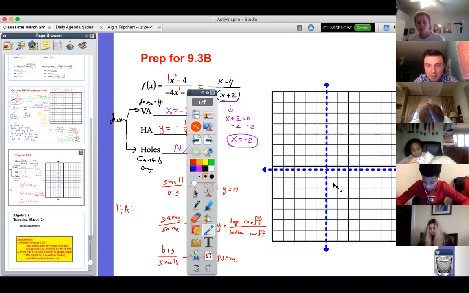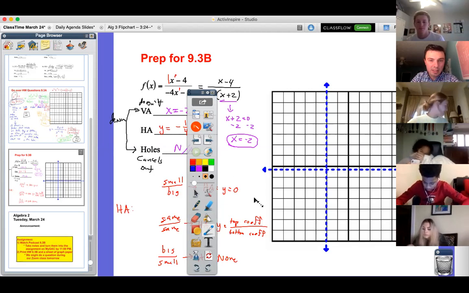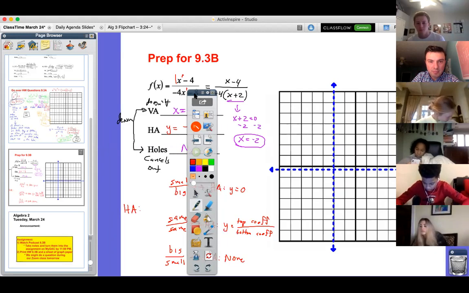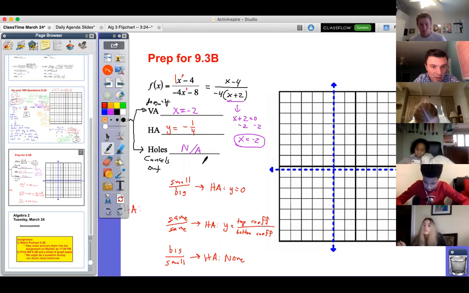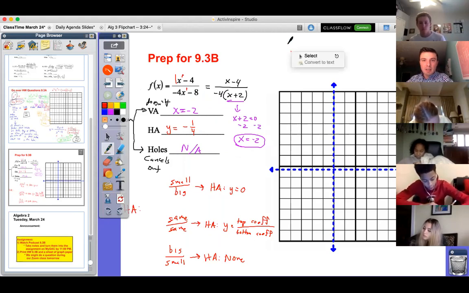So there are our asymptotes. Now we want to plot some points, and we need exact points. If we had any holes, guys, which we don't, we would put them on here as well. So let's make a little XY chart.